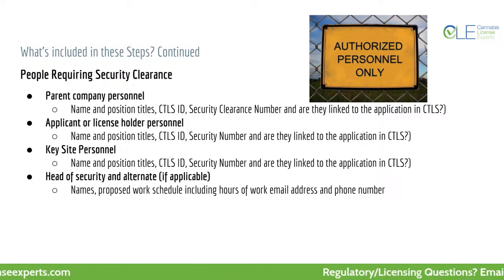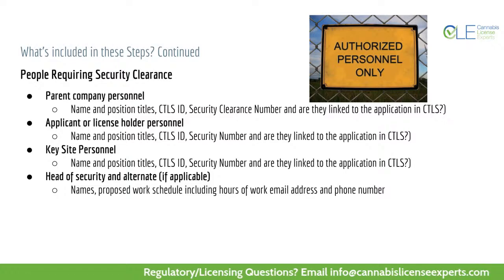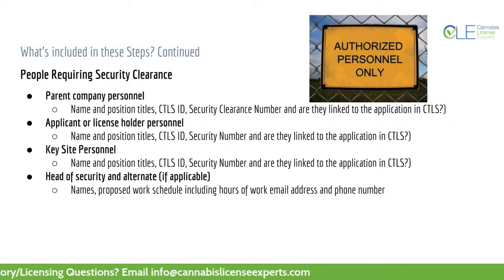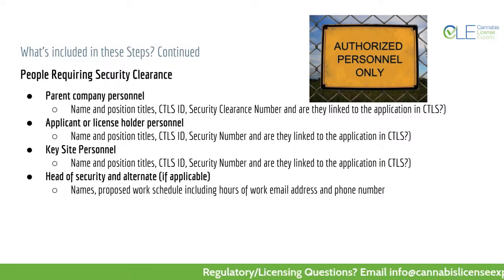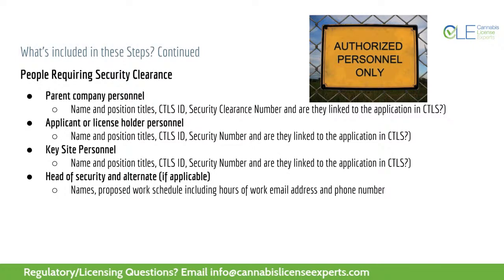So this can be looked at as several subcategories. First, you're going to outline the parent company personnel, including their name, position titles, their CTLS ID, security clearance numbers, and if they're linked to the application in CTLS. Next would be the applicant or license holder personnel.